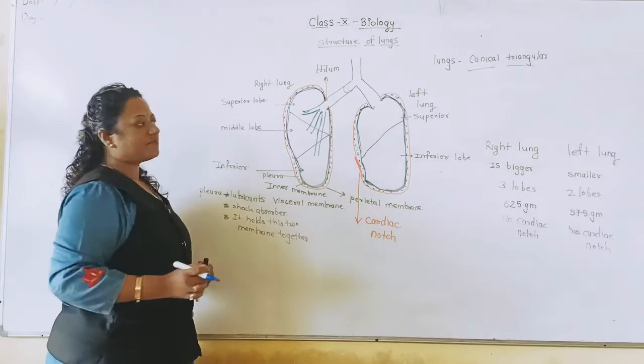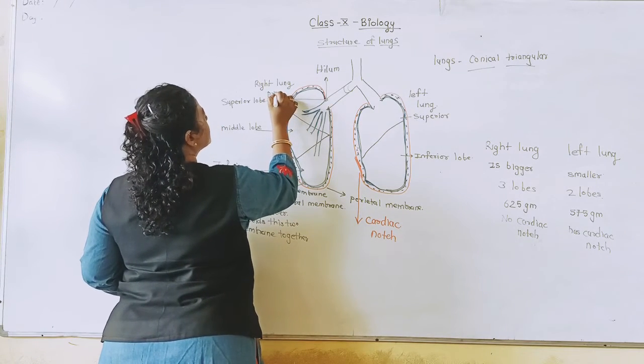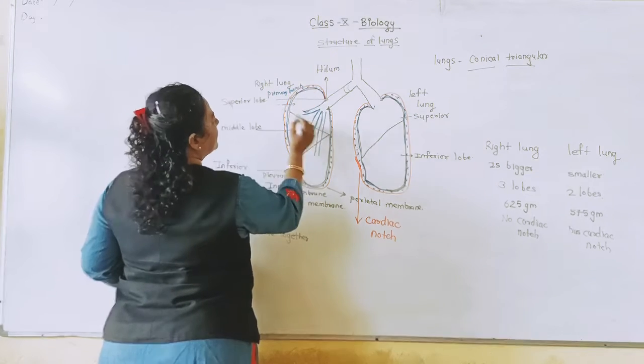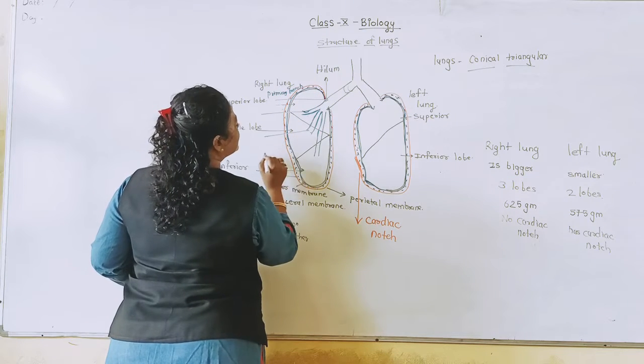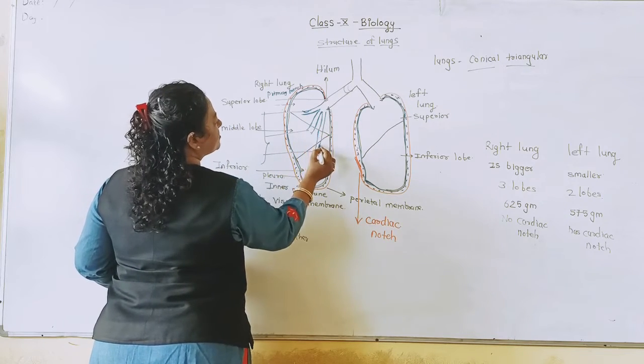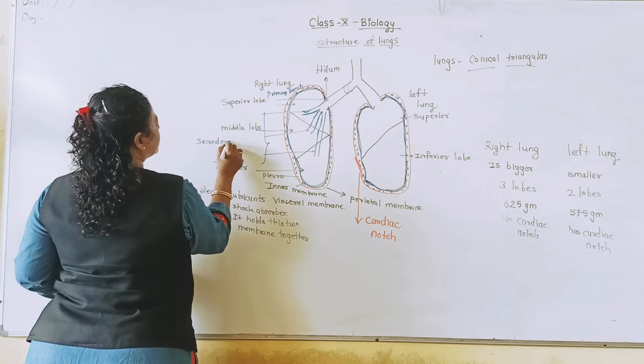After it, we will see this is the primary bronchi, and these all are secondary bronchi. These all three, 1, 2 and 3, are secondary bronchi.